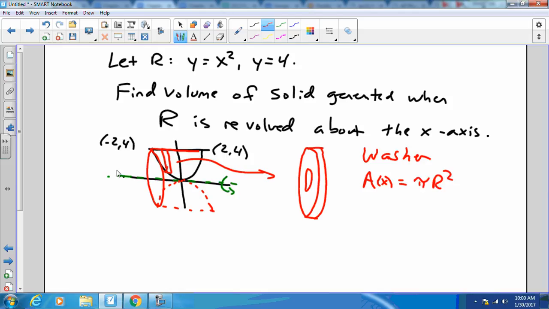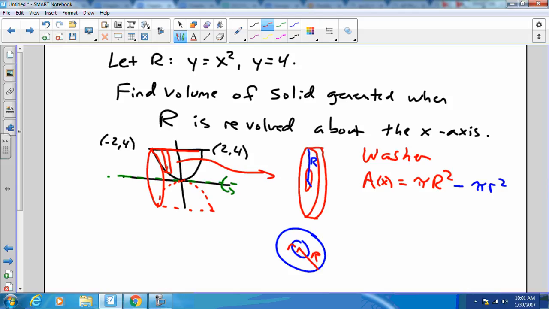And we can say that the area of this washer is equal to pi times the big radius squared. That gives me the area of this entire circular region, where the big radius is here. And then we can subtract away pi times the inner radius squared.